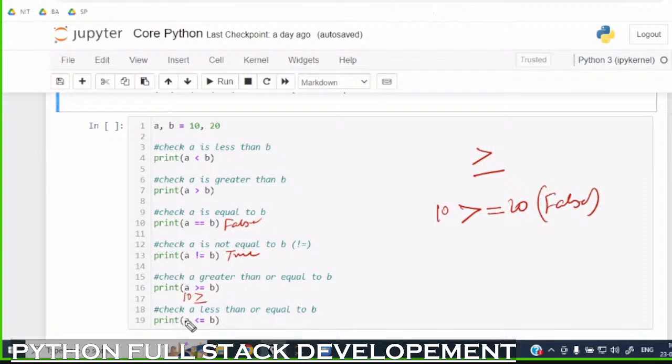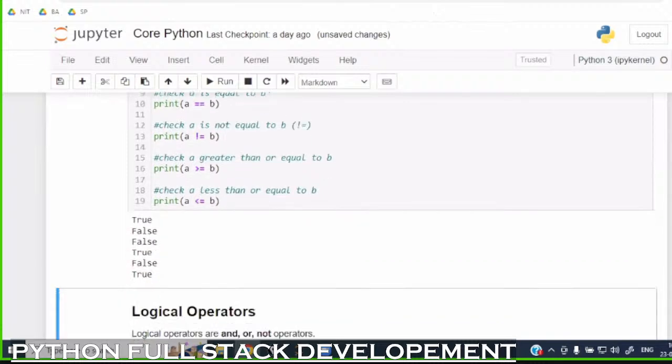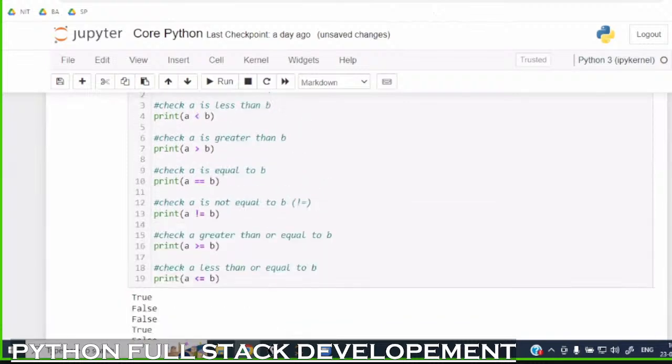Next, a is less than or equal to b. 10 is less than or equal to 20. Either it should be less than or equal to; anything is okay. It has the less than relationship, so it is accepted, and it is True. So these are called comparison operators. They compare between the values and give the output accordingly, either True or False.